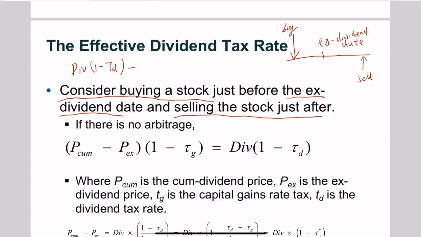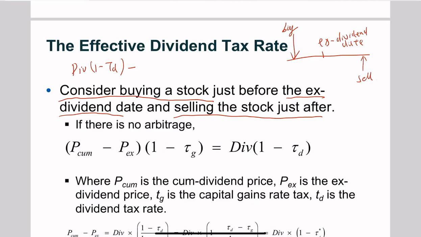However, you will suffer from this capital loss. The reason is that, as we have learned, if the firm pays out a dividend, its share price will drop by the amount of the dividend. So this drop in share price will generate a capital loss.